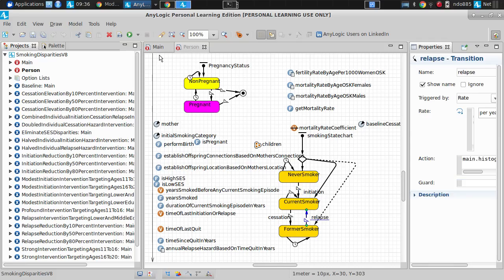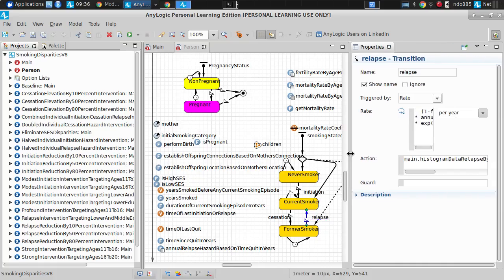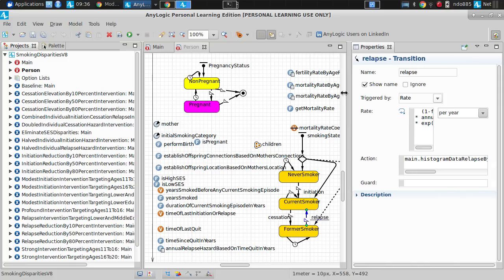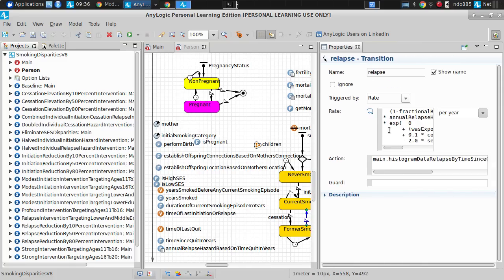And you notice we can click over here on what's called the canvas. We can click on particular transitions and see something about the logic behind them. So you'll notice this relapse transition, for example. If I select it, over here in the properties window, it will show me information about the logic behind it. In this case, it's given by a hazard rate, a kind of chance per unit time.